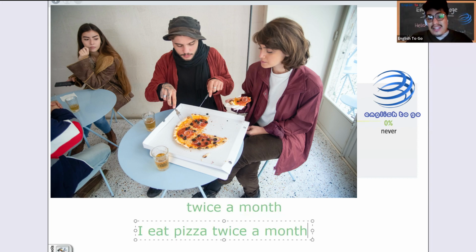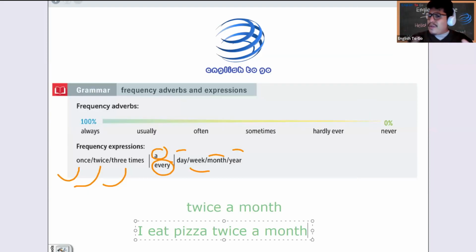So I cannot say that I always eat pizza. But if I eat pizza twice a month, I can say that I usually eat pizza. Okay? Very usually. Because I eat pizza every month, but not every day. So I usually eat pizza, or I eat pizza twice a month. Okay, can you see? They are best friends. I can use them together, but normally I choose one or the other. Okay? Thank you very much, guys. So these are time expressions.